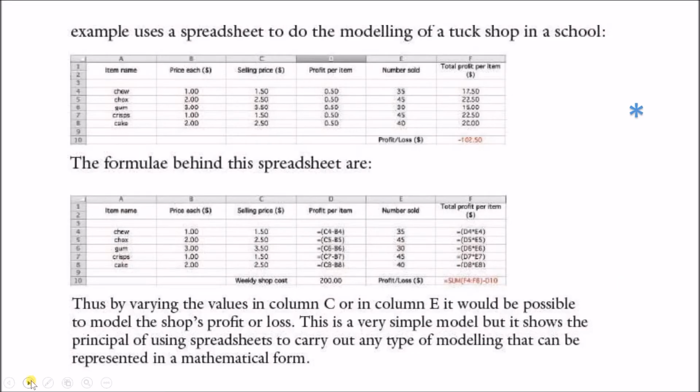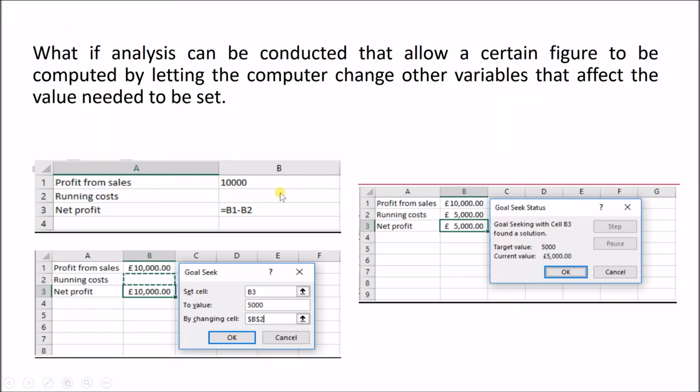After this, we can find another one which is talking about the what-if analysis. It can be conducted to allow a certain figure to be computed by letting the computer change other variables that affect the value needed to be set. Now, I have here this piece of the Excel sheet. Profit from sales is 10,000. Now the running costs are empty now, and my net profit equals B1, the profit from the sales, minus my costs.